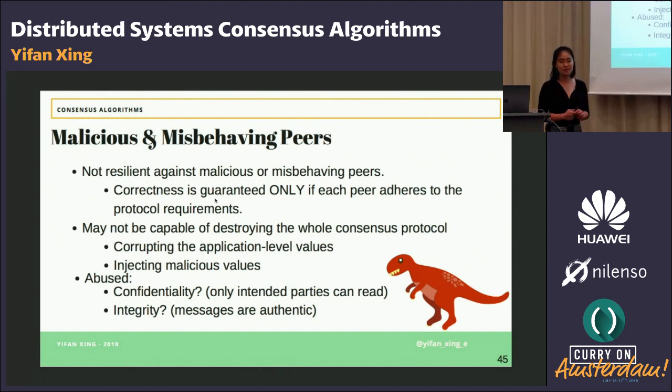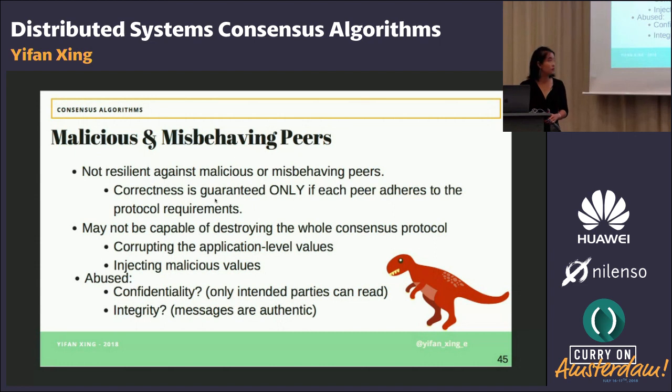The Raft and Paxos algorithms that I described before, in overview, cannot handle malicious or misbehaving peers. The ones that I described can only work if you trust the other nodes. They work in a non-Byzantine environment.